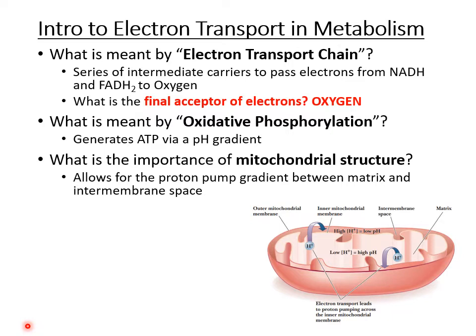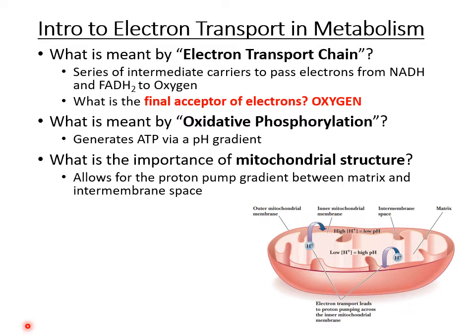So as you can see on this slide, the electron transport chain is basically a whole bunch of carriers that will pass electrons from NADH and FADH2 to oxygen. It's an exergonic process.